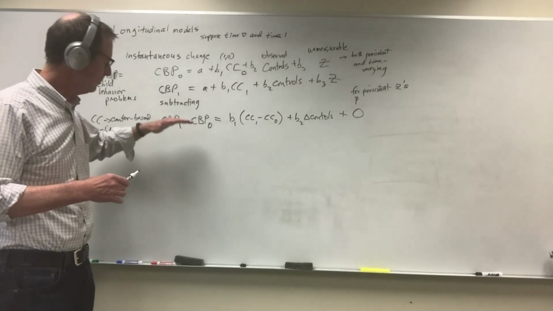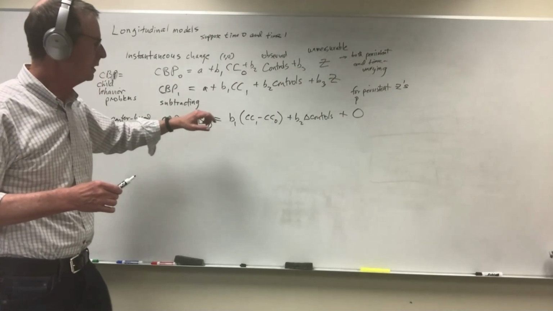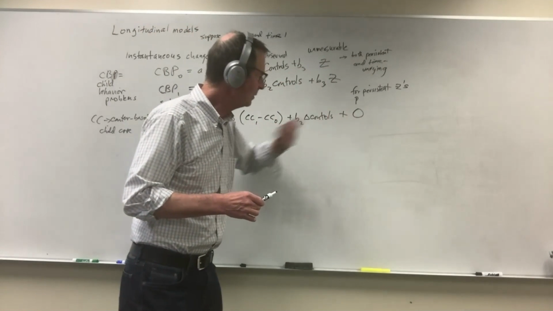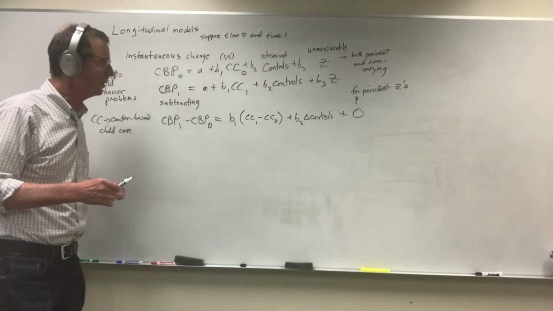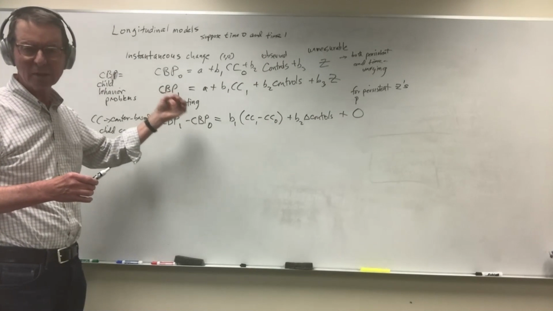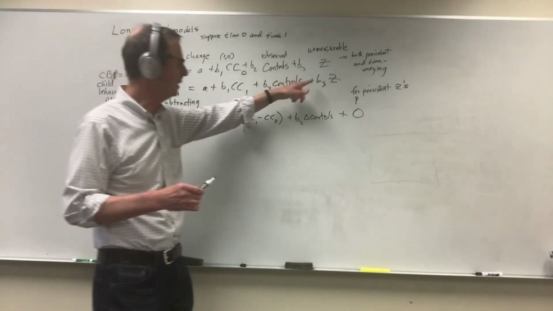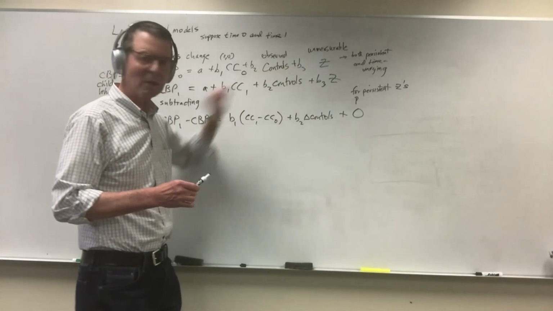So estimating this change equation is not subject to the kind of omitted variable bias from persistent unmeasured characteristics, Z, that the level equations are.